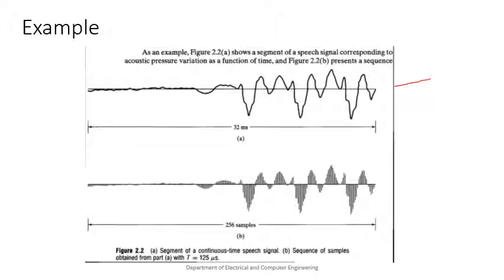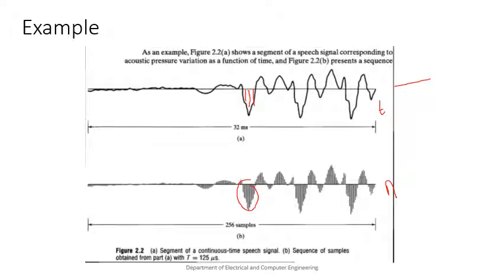In B, this is a sequence, this is n, because we have picked up the samples. If you zoom in, you can see these are the samples.